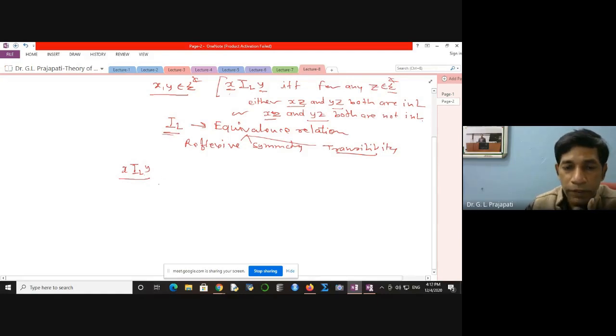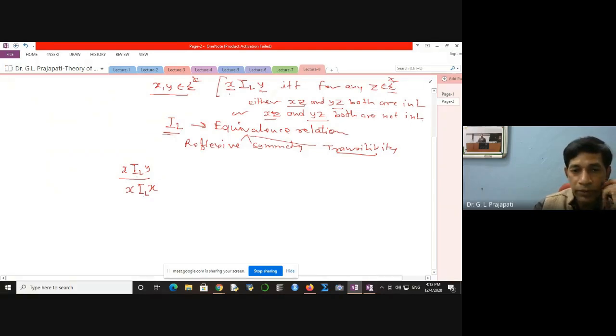In the case of reflexivity, you can easily say that x is related with x in the relationship IL. This means x and x you cannot distinguish. So this is reflexive. Similarly, y and y you cannot distinguish.